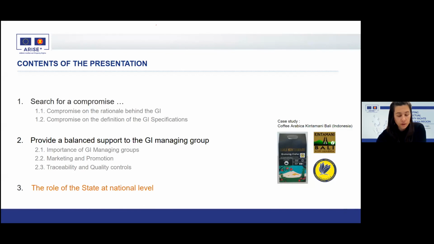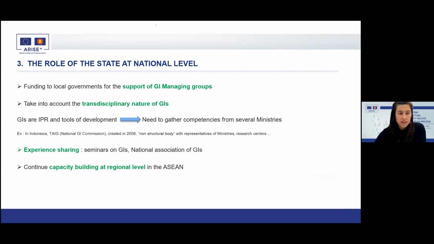The first point is about the importance of providing funding to local government to support the GI managing group. So yeah, I've said that maybe 10 times during the presentation. So this is a very important point. So I think it's clearly said now. Second point is the importance to take into account the transdisciplinary nature of geographical indications.